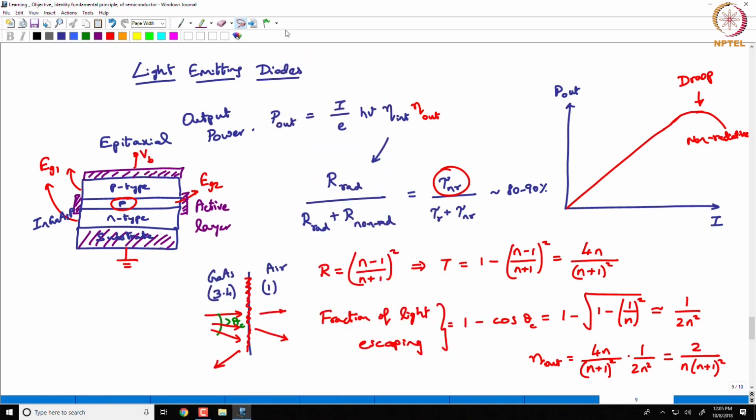So we will have photon confinement as well as carrier confinement happening in the active region, and then your light emission will typically happen from one end of this region.